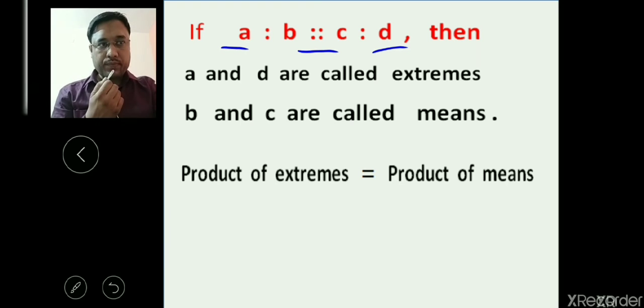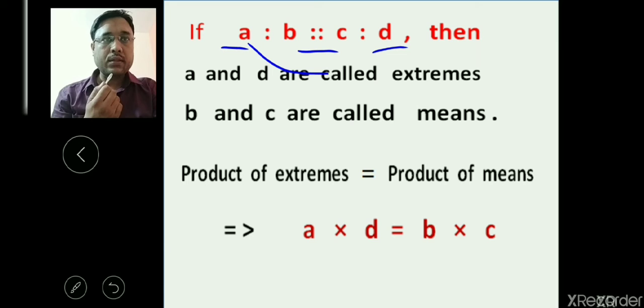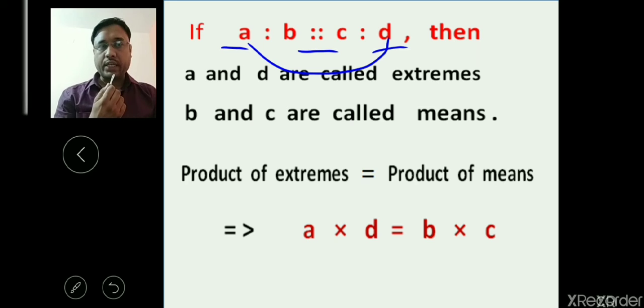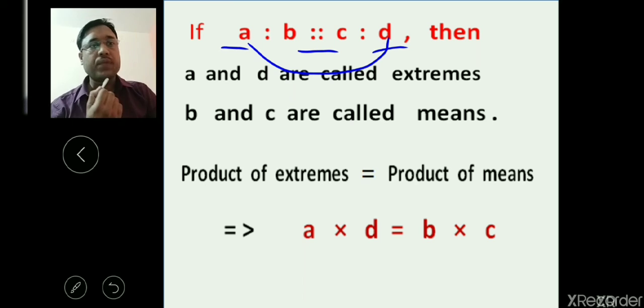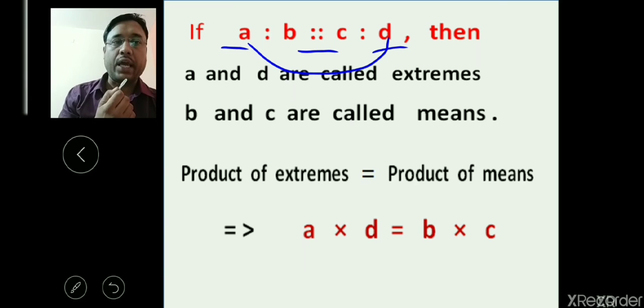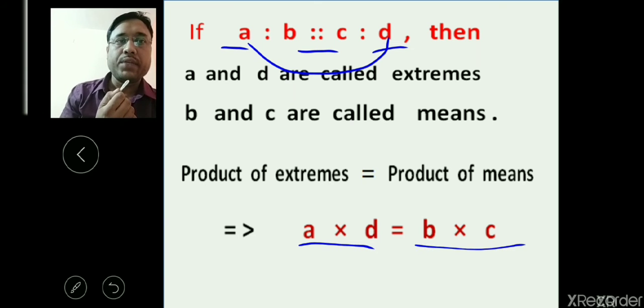So A into D is equal to B into C. This is a rule of proportionality. If four numbers are in proportion, then the product of extremes equals the product of means, because B and C are the middle numbers, so they are the means.